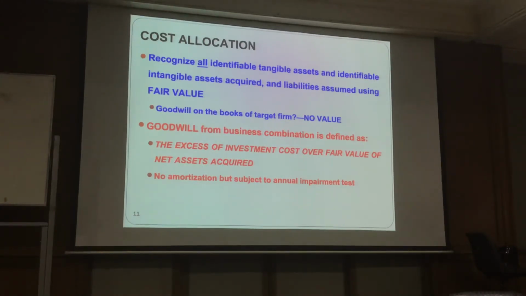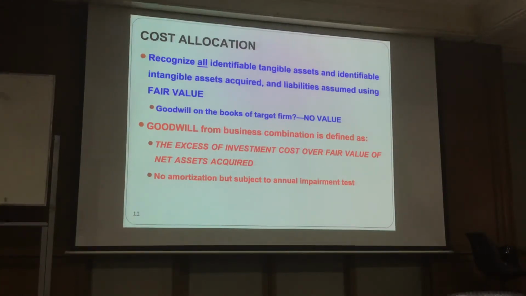The goodwill reported on CPO gets reduced to 0. I don't care what you got, what I care about is the assets of CPO, the liabilities of CPO, and also their subsidiaries. They need to remeasure everything again and record the new goodwill. That's why I tell you goodwill on the book of the target, we say it has no value, because we need to remeasure the net assets and liabilities on the new basis.